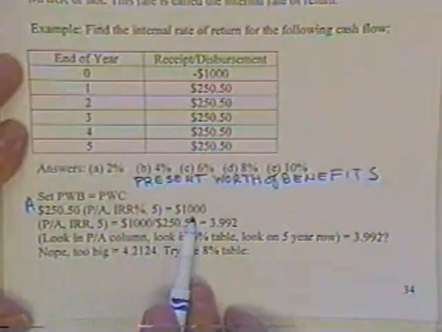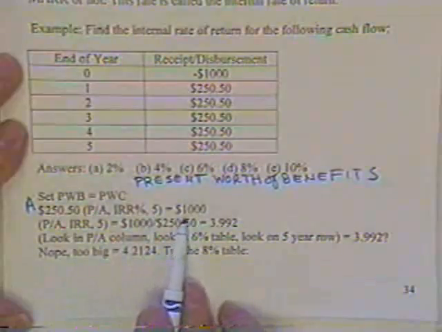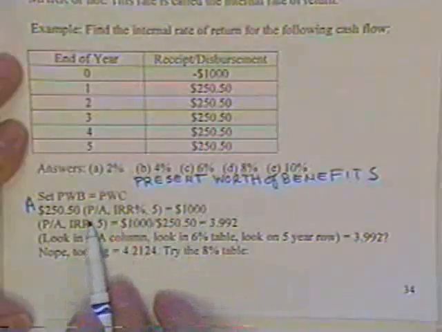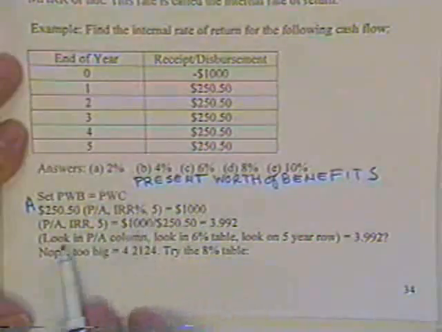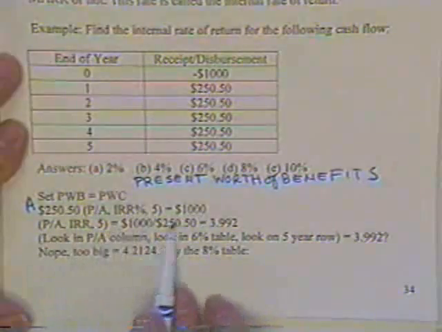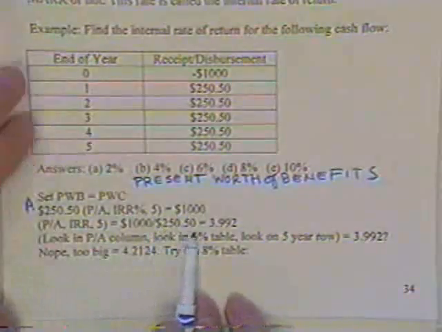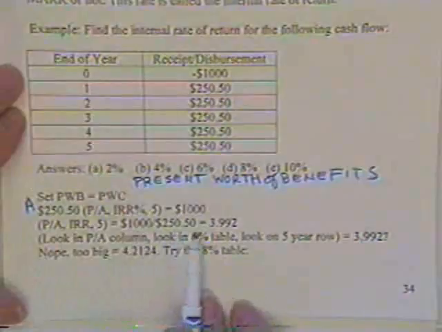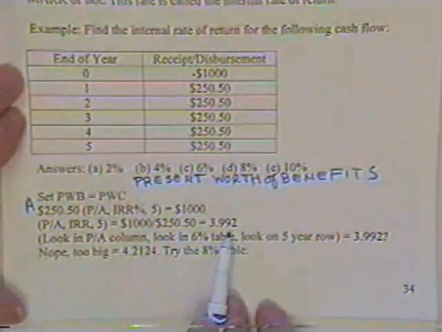The present worth of the cost, well, there's only one cost, and it's all right now, presently, $1,000. So I can solve for P over A, IRR, 5. P over A, IRR, 5 is equal to 1,000 divided by 250. So in other words, the ratio of the 1,000 to the 250 is 3.992.